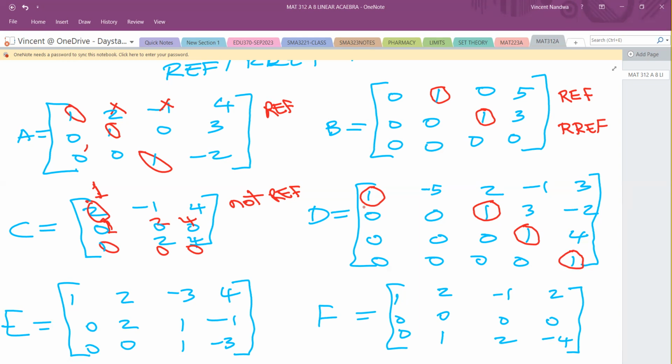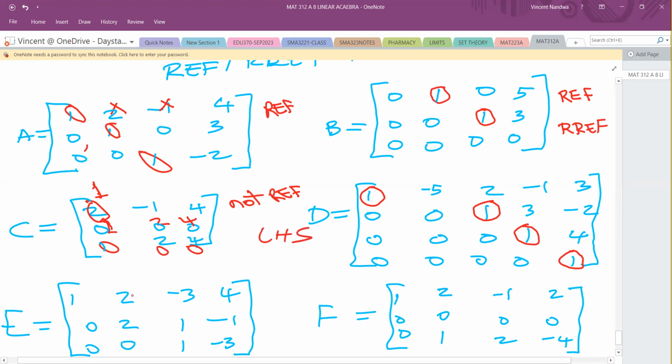So what you have to first determine is to check that if all rows are non-zero, and non-zero means that there's at least one non-zero number in a row, then that first number must be one. Remember, we were counting from the left-hand side.